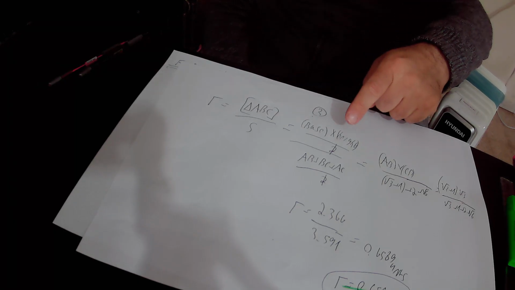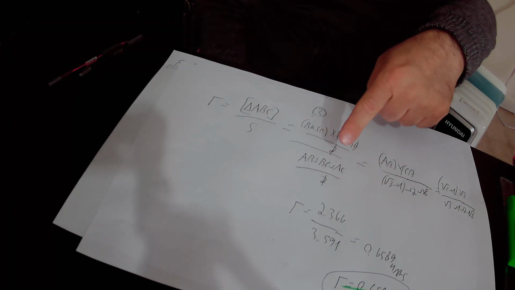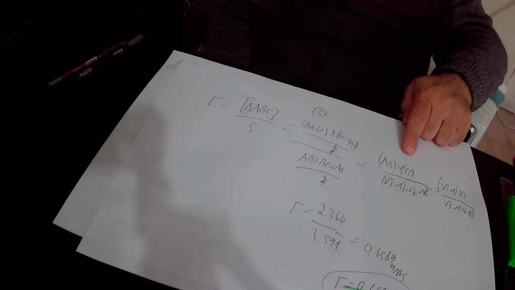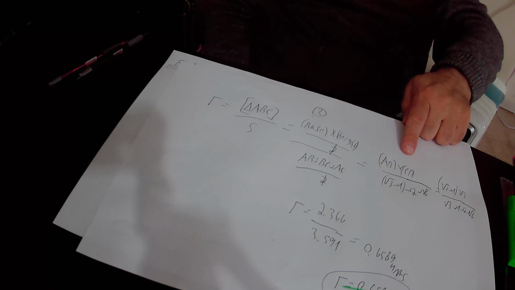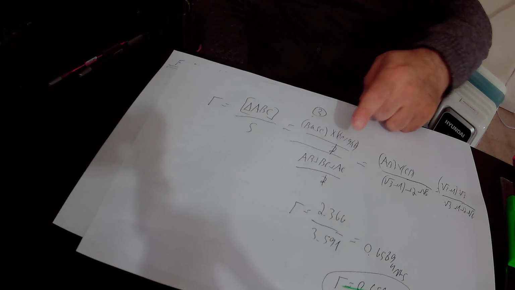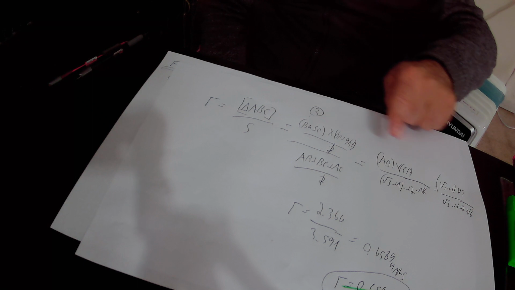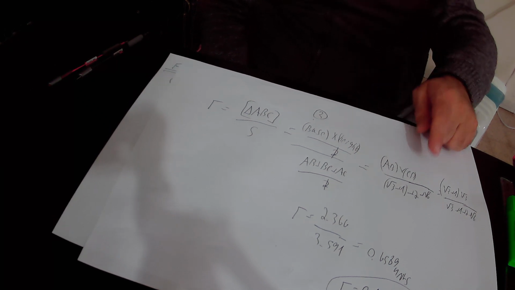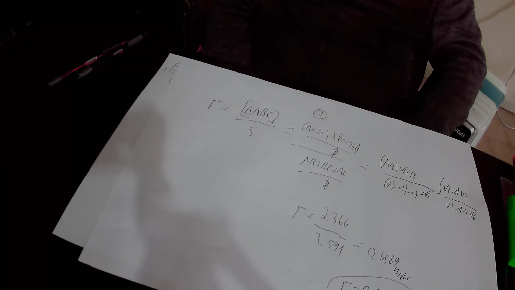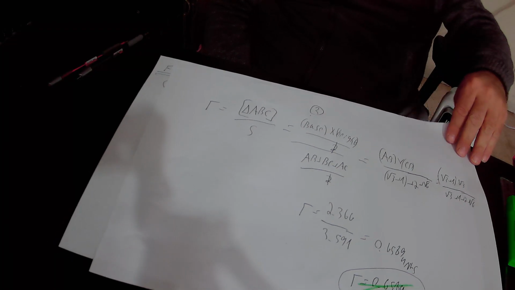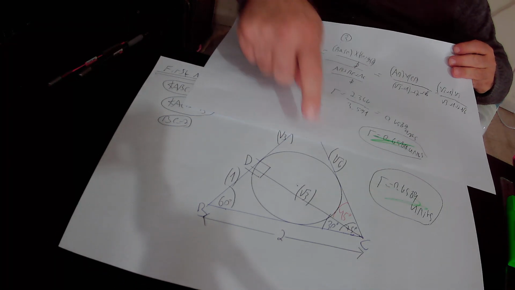Here we have 2 in the numerator and 2 in the denominator, so the 2 gets cancelled, and we are left with AB times CD over AB plus BC plus AC. AB is square root of 3 plus 1, BC is 2, and AC is square root of 6. Again, AB is square root of 3 plus 1, and CD is square root of 3.